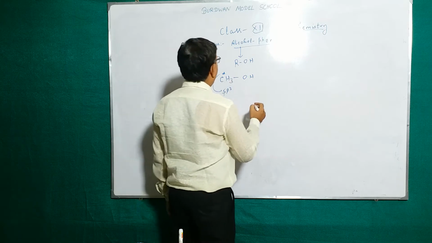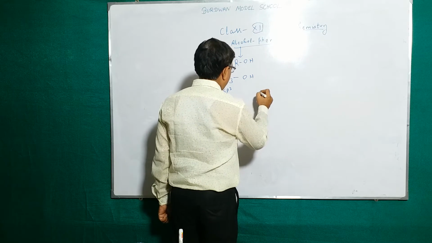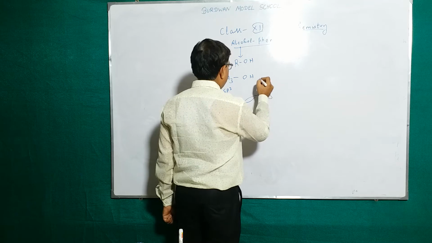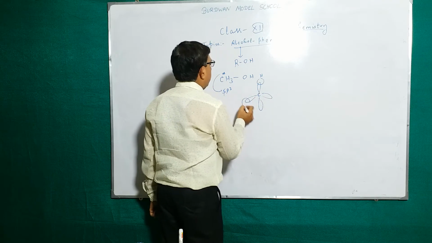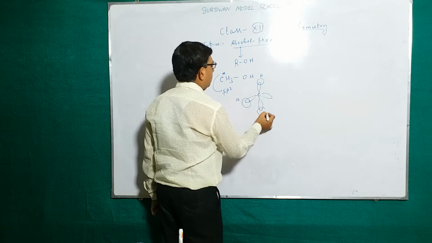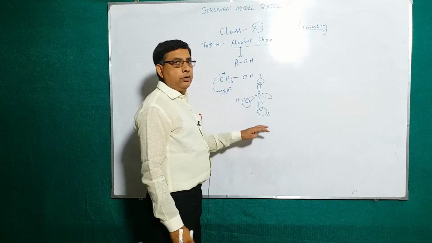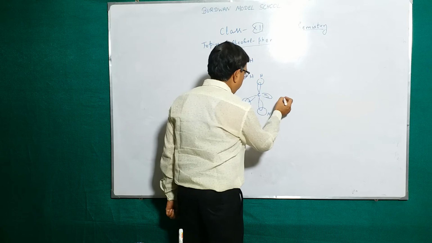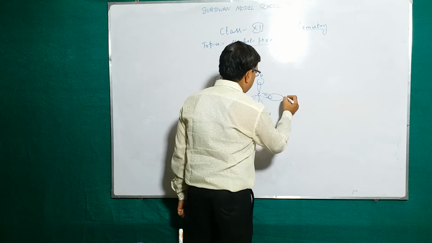It forms 4 bonds, using 4 hybrid orbitals. One hybrid orbital forms a sigma bond with a hydrogen atom, another forms a sigma bond with a hydrogen atom, another a sigma bond with a hydrogen atom, and the fourth hybrid orbital forms a sigma bond with the oxygen atom.